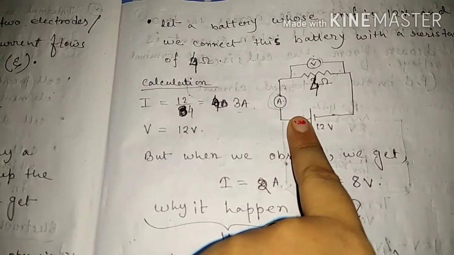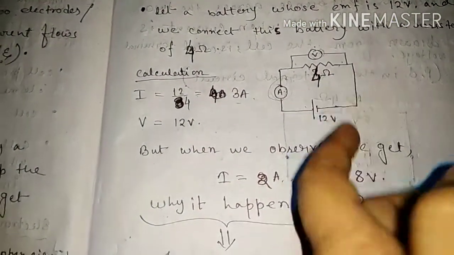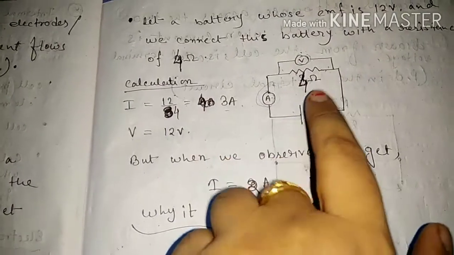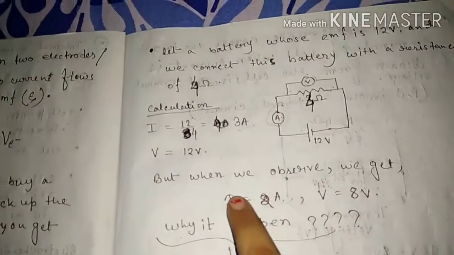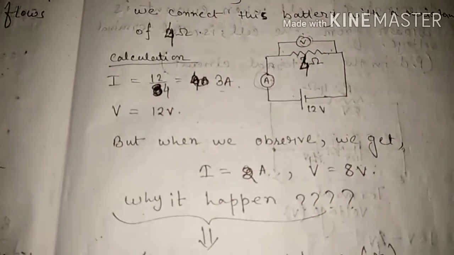That's why when we connect a battery in a closed circuit with an electrical device, its potential difference decreases due to that resistance. Resistance opposes the motion of charge, and that one lies inside the battery only, and that's why we get a current of 2 ampere and a voltmeter value of 8 volt.